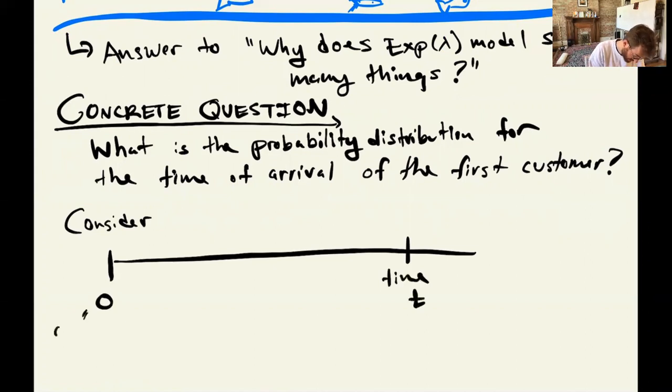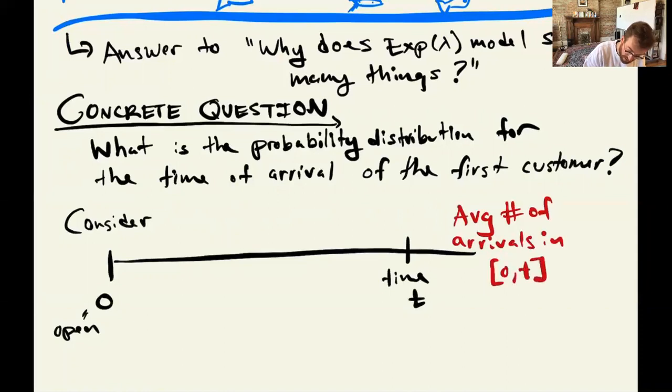You might think of this time 0 as when you open. And suppose we know that the average number of arrivals in this window of time, 0 to t, is lambda. It's just notation, but we're going to see why that comes up.